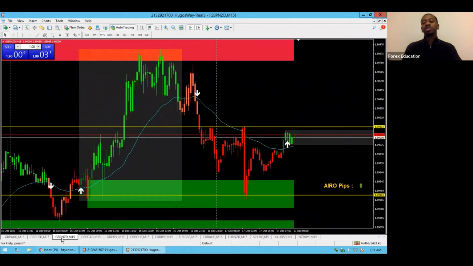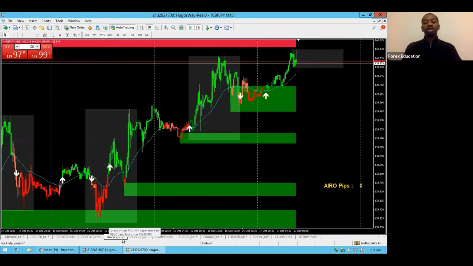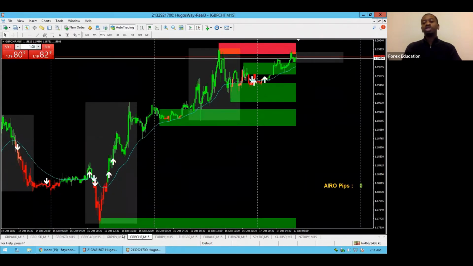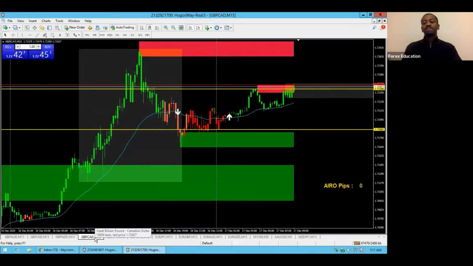That's why I'm staying away from the GBP NZD, GBP CAD, GJ, all of them. You see here, GCHF and GJ are already at the zones. GCAD has a zone. It might break through it, it might not. You see it struggling right there. So right now, 3 out of 6 are looking to reverse.